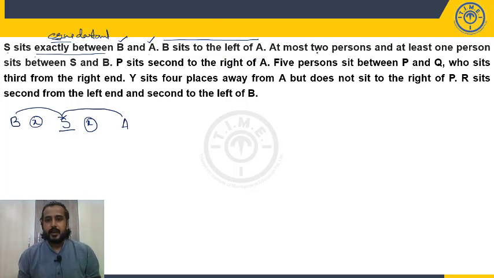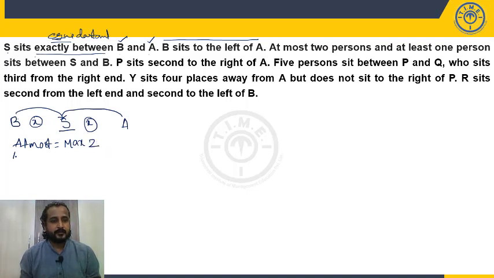At most 2 persons and at least 1 person sit between S and B. Have you got the point here? What do you mean by at most? At most means maximum. At most 2 persons means maximum 2.